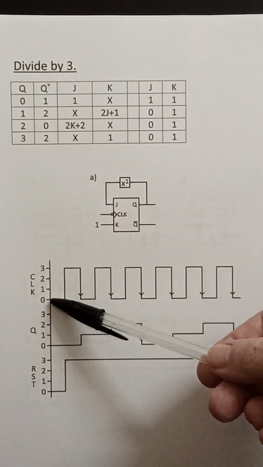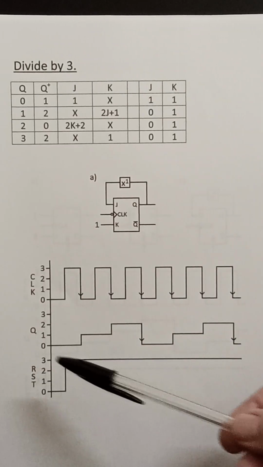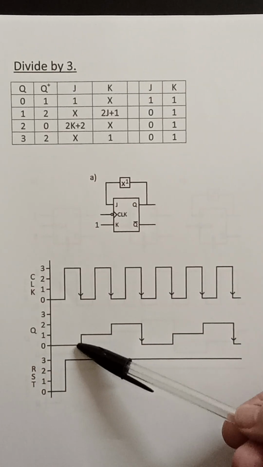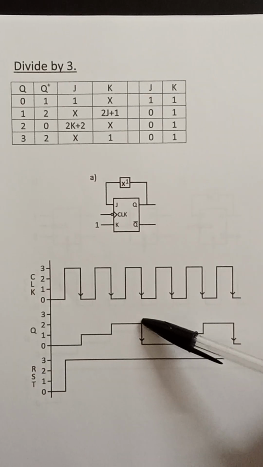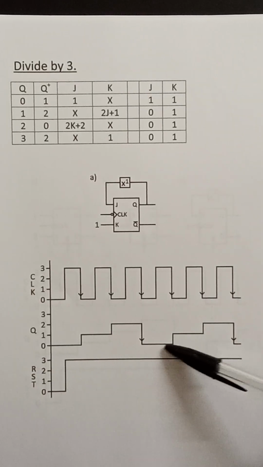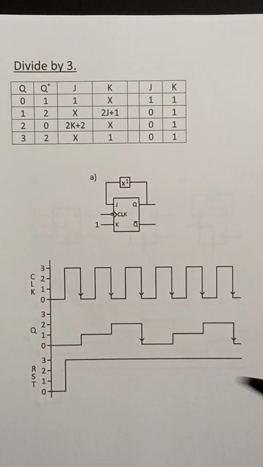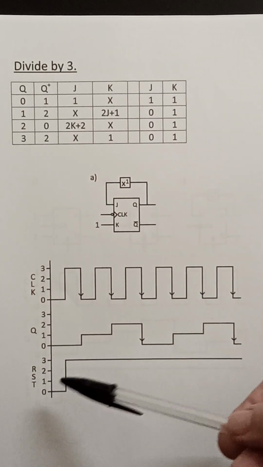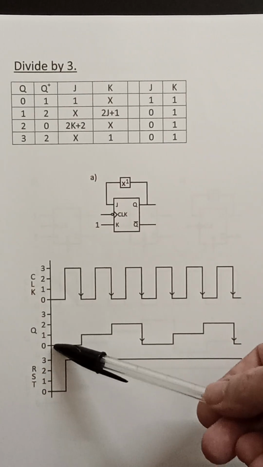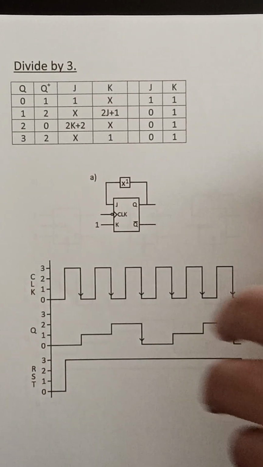So the timing diagram: the clock cycles between 0 and 3, Q cycles 0, 1, 2, and then back to 0 again to continue 0, 1, 2, and back to 0. This is a startup reset. You don't technically need it, but I've just put it in there to set Q to a 0. Right, so that's the divide by 3.